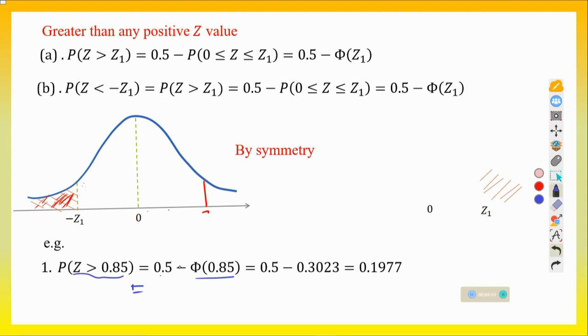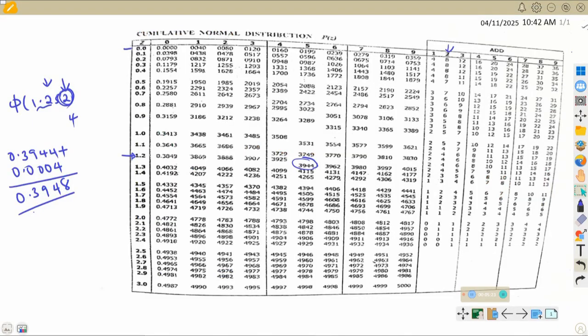I hope you are taking the difference between the two expressions. We shall majorly be using the two expressions, especially for less than and greater than. So you need not confuse the two. So the probability of Z greater than 0.85 will be the same as 0.5 minus the table reading of 0.85. So you can easily obtain the table reading of 0.85. You will go to your table, look for 0.85.